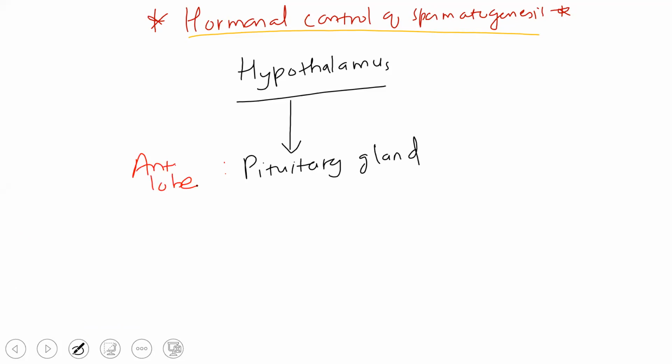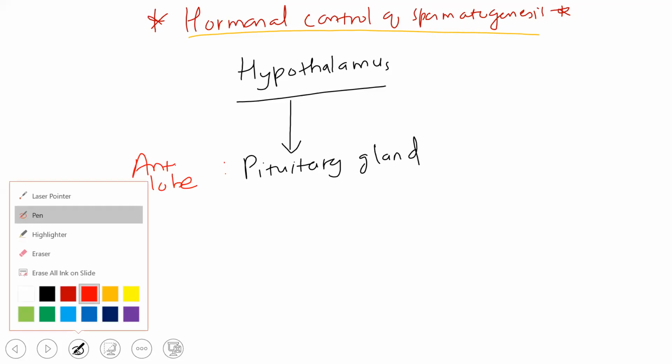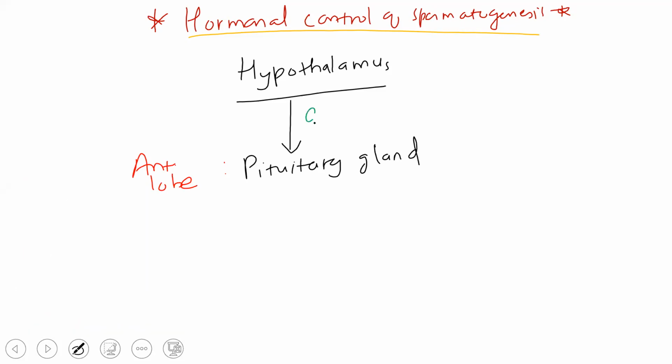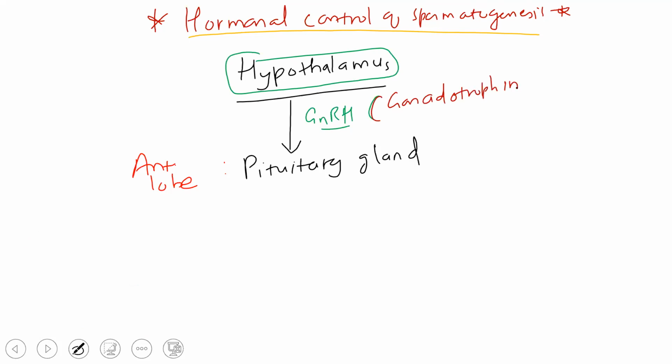I hope you know about pars nervosa and pars distalis of the pituitary. It releases GnRH. Can anyone tell me the full form? It is gonadotropin releasing hormone, which acts on the pituitary gland.